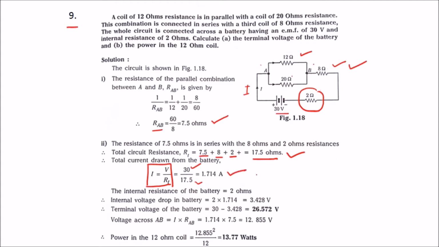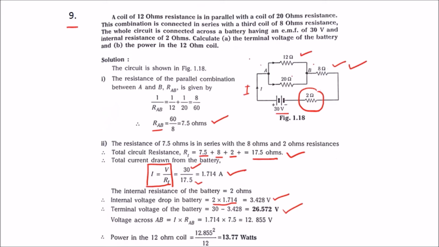Using this we can find the internal voltage drop of the battery. We know the internal resistance is 2 ohm, so multiplying it by the circuit current, we get the internal voltage drop. Subtracting this from the supply voltage, we get 26.572 volts.